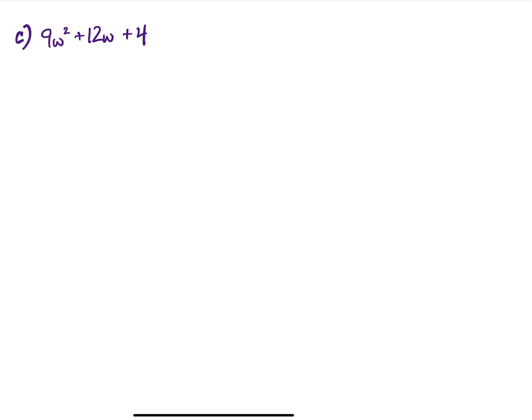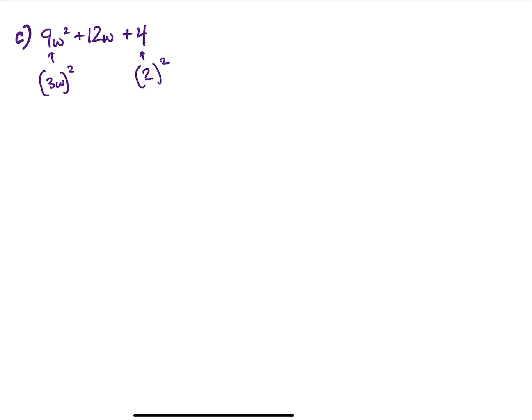So let's continue with it as it is. The first term, 9w squared, we can see as 3w squared. That would give us 3 squared times w squared, 9w squared. And then that last term, we have 4. We can write that as 2 squared.